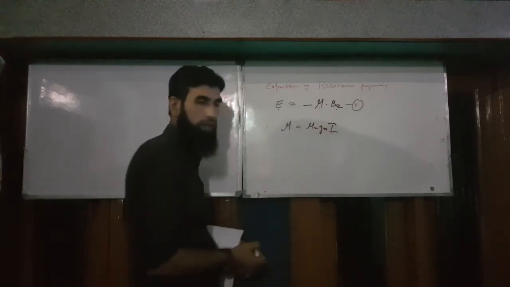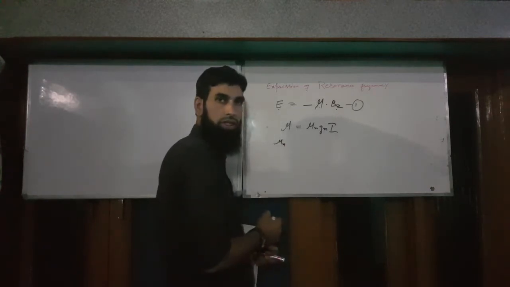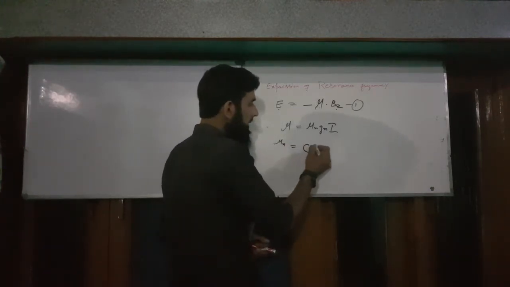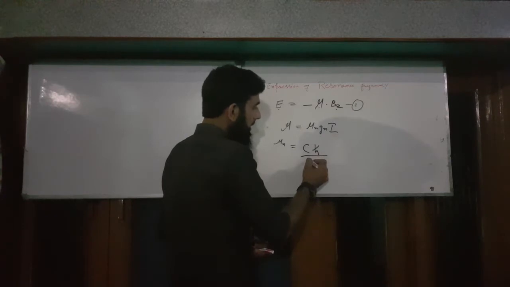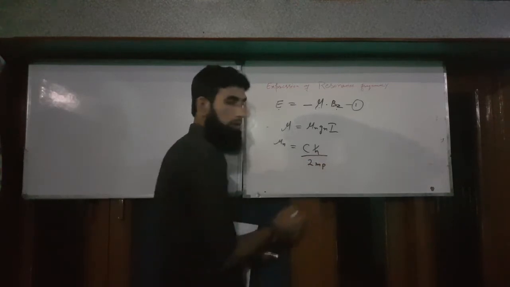This mu_n is a constant quantity and is equal to e ħ divided by 2 Mp, where e is the charge, ħ is the Planck's constant, and Mp is the mass of the proton.